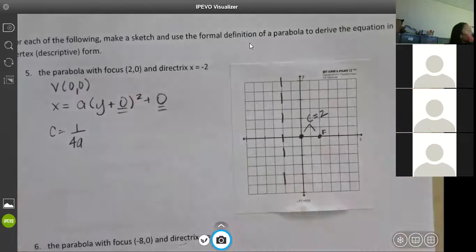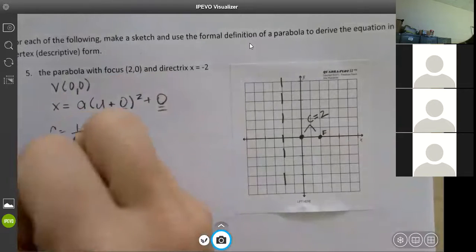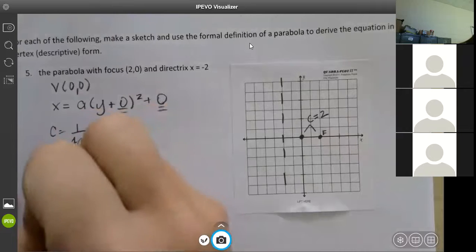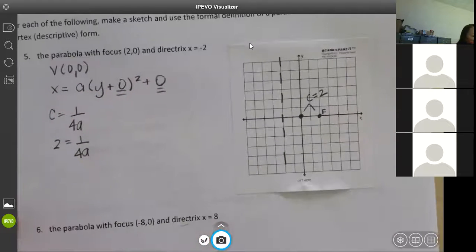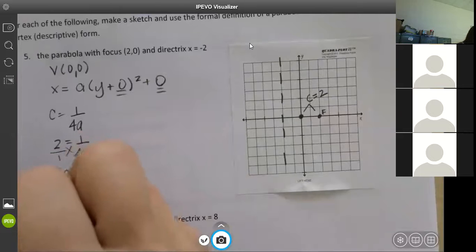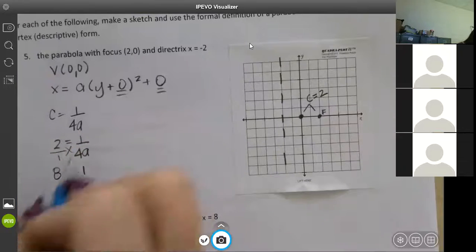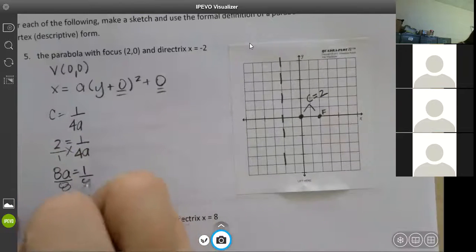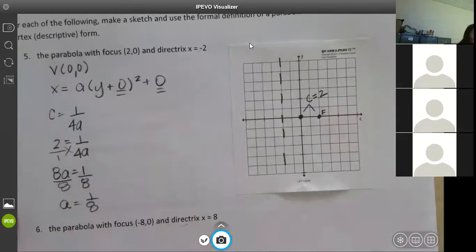Just to remind you, it's the distance from the focus to the vertex or from the vertex to the directrix, either one. So we get 2 equals 1 over 4A. We solve it by cross multiplying. We get 8A equals 1. Divide by 8, and A equals 1/8.